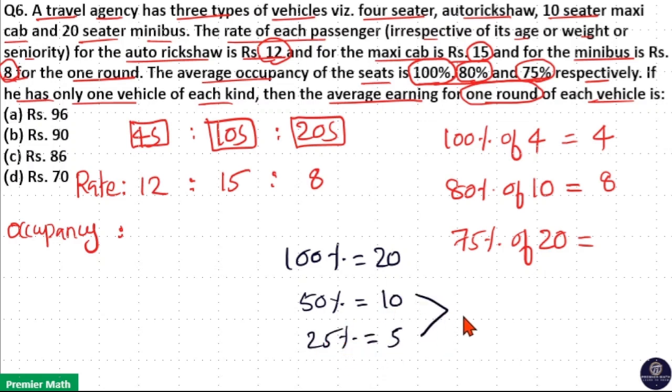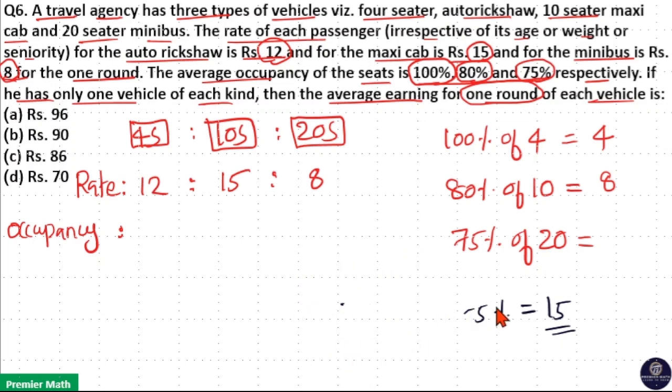That means 75% is 10 plus 5, 15. Here you can calculate this in mind as well. No need of paper and pen. So 75% of 20 is 15. Now, occupancy of auto rickshaw, maxi cab and the minibus is 4, 8 and 15.